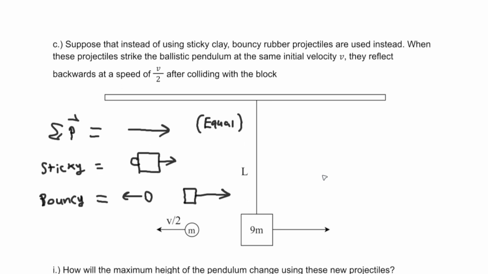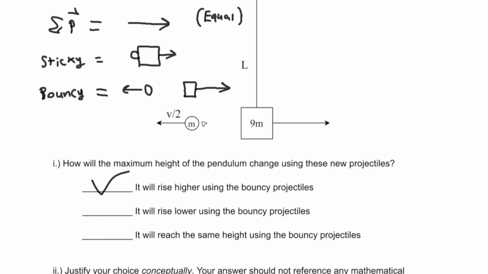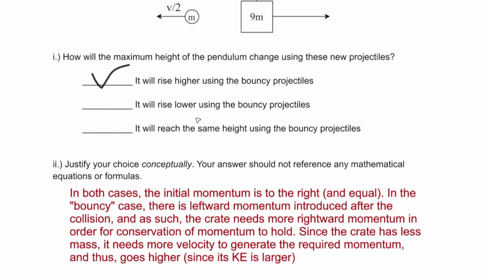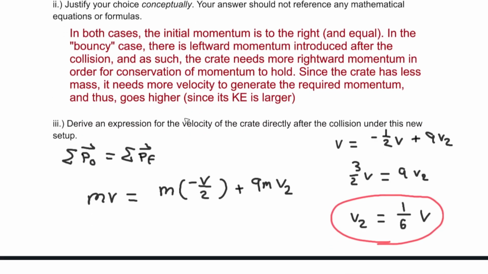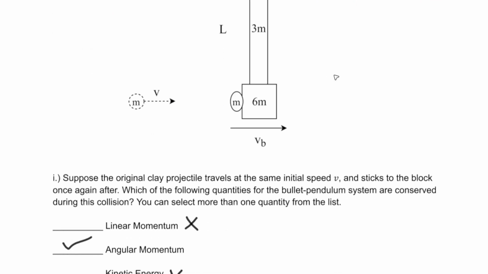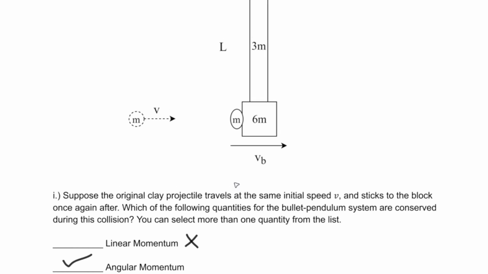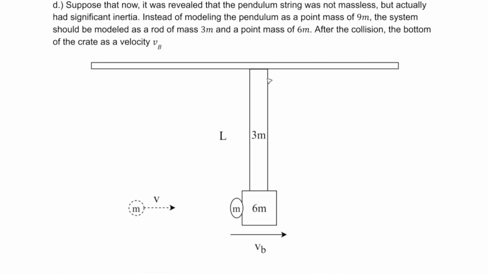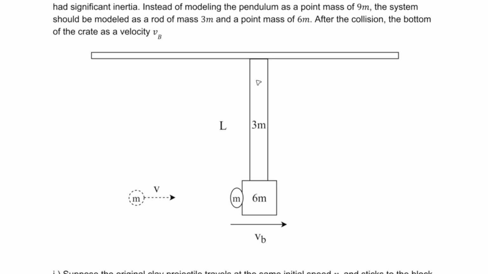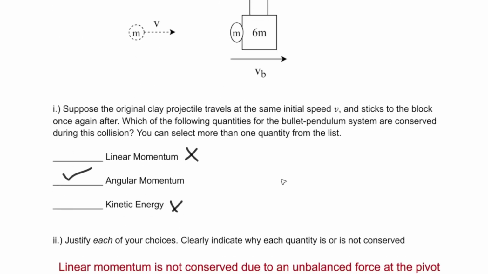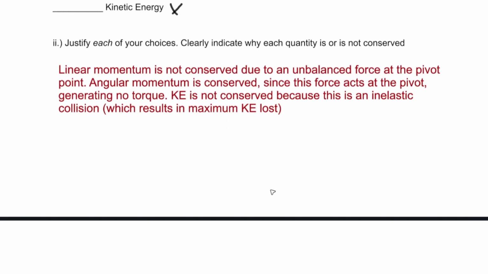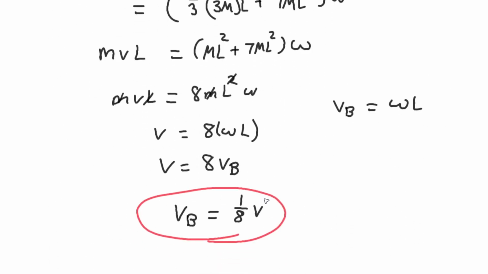Then we looked at some conceptual aspects using momentum conservation. But then we went down to actually the angular case, where now that we have a moment of inertia, this typically is a case where P is not conserved because you have some sort of unbalanced force coming from a pivot point, which is right here in this problem. So we had to solve using every different conservation law at some point.